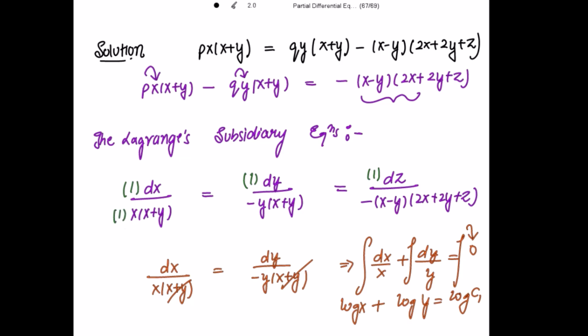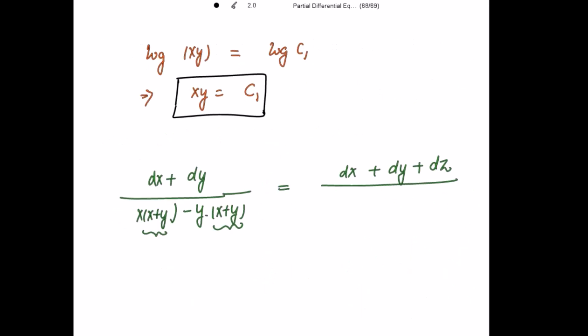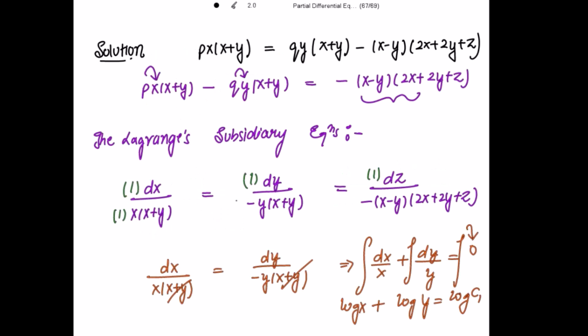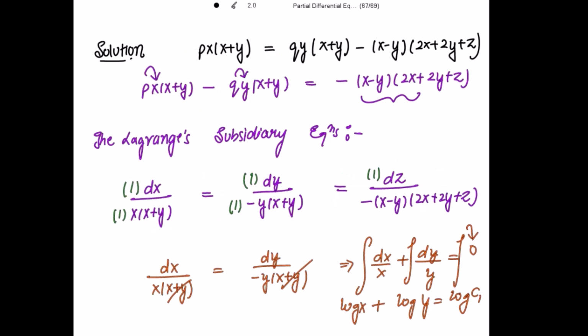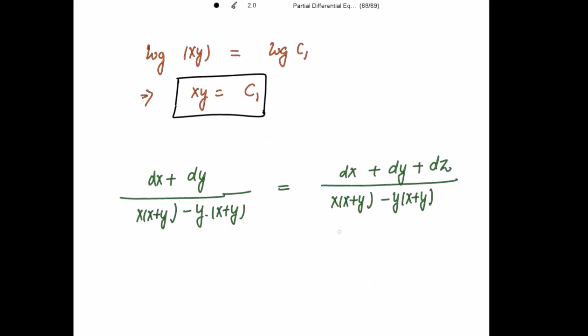Multiplying 1 with the denominator of the first ratio gives x(x + y). Multiplying 1 to the denominator of the second ratio gives −y(x + y). Multiplying the denominator of the third ratio gives −(x − y)(2x + 2y + z).